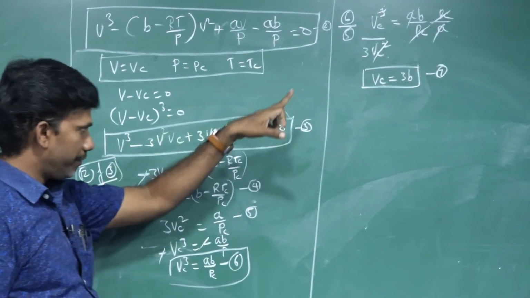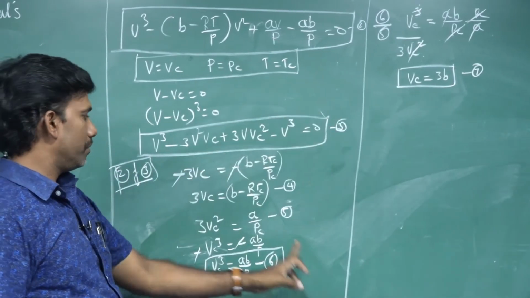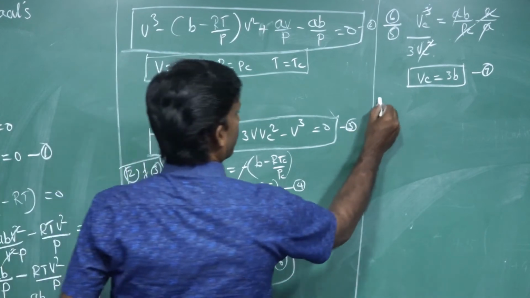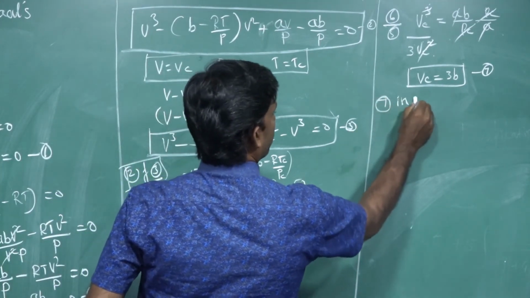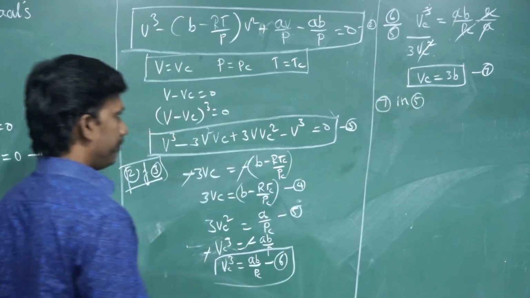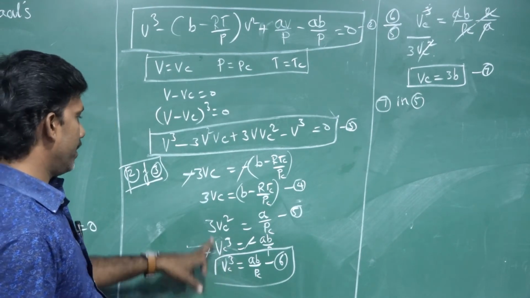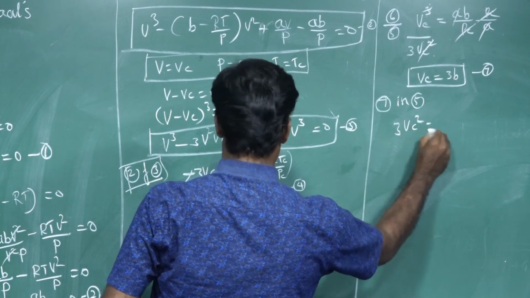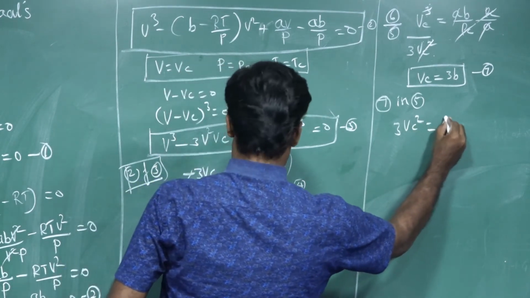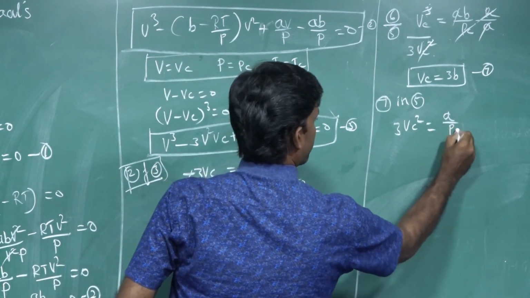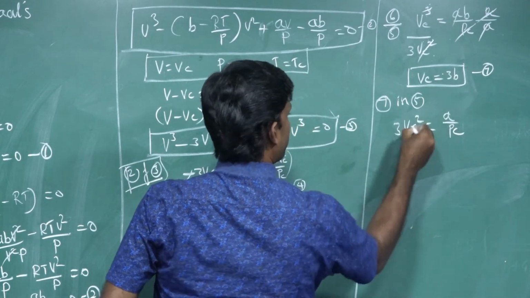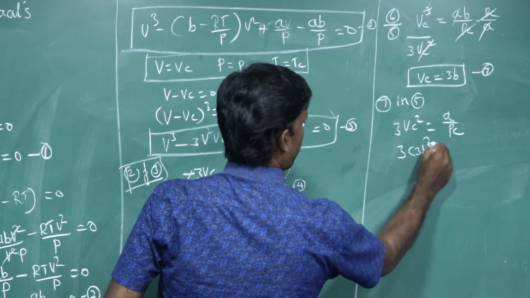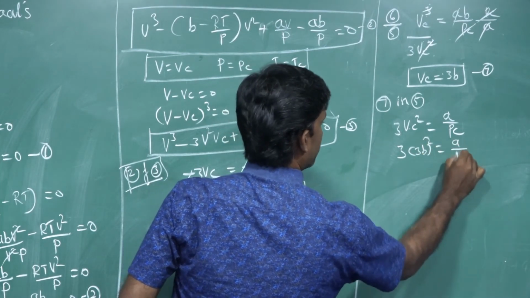Now you put the Vc value into any of these equations. I am putting 7 into 5. What is the fifth equation? First you write 3Vc squared equal to A by PC. This is equation number 5. If you apply the Vc value in this, 3(3B) squared equal to A by PC.